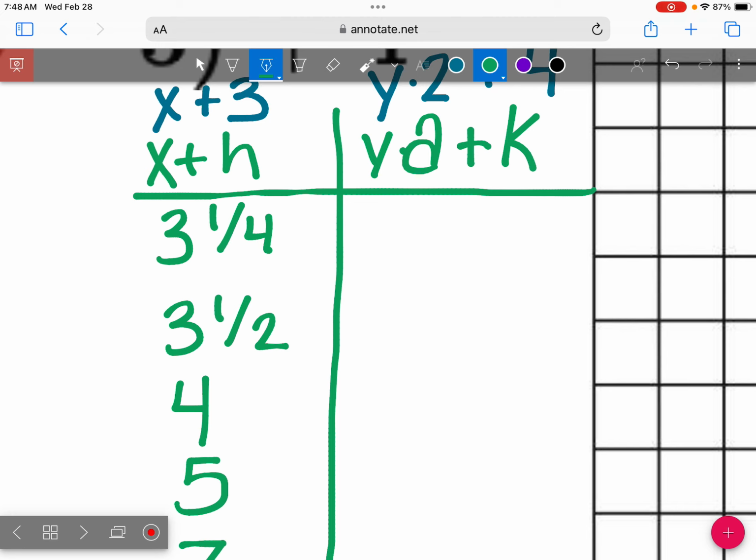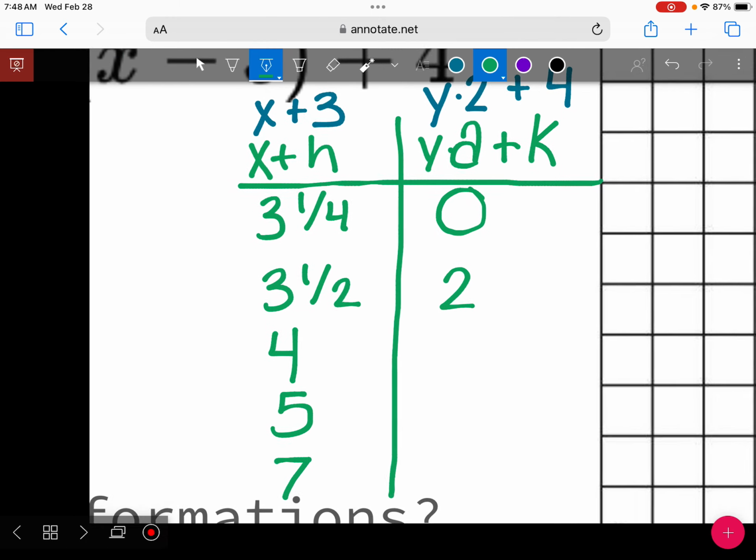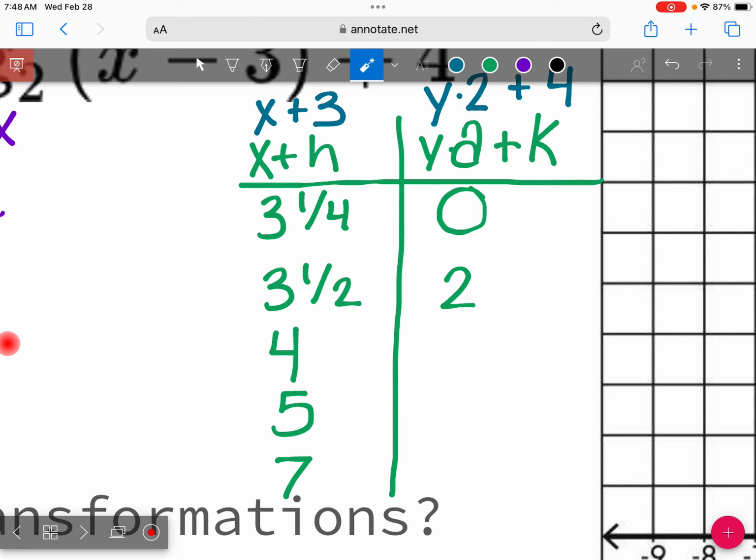So let's do our y's. I'm going to take my -2 times 2, which is -4. -4 plus 4 gives me 0. -1 times 2 is -2 plus 4 is +2. 0 times 2 is 0.